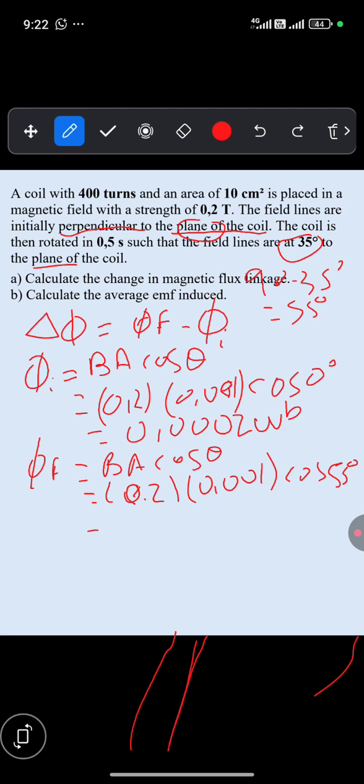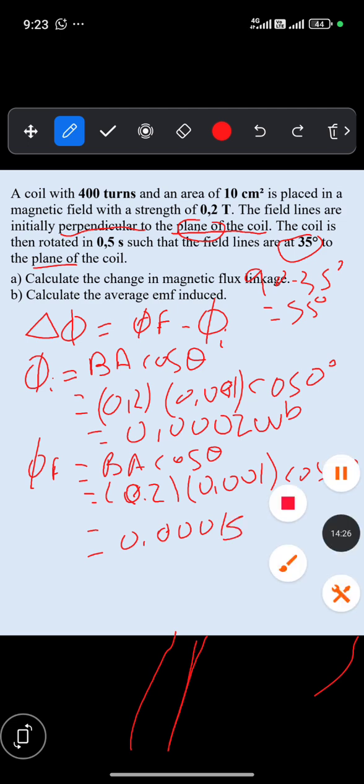Right. So the final flux is 0.000115 Webers.